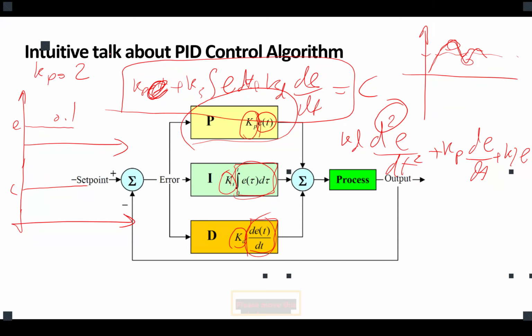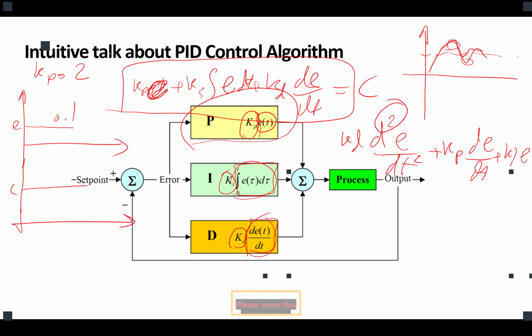It is going to overshoot and undershoot because we don't have the differential yet. The differential is controlling the overshoot and undershoot. So as long as we don't have the derivative part, we have overshoot. Now if I set the KP as 2, the controller would see the error but would apply twice the error as the correction.